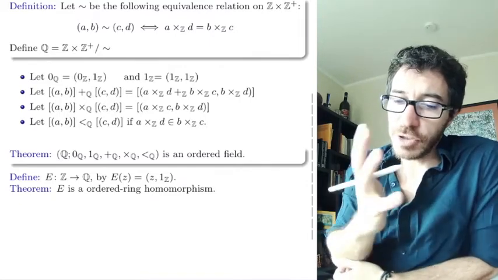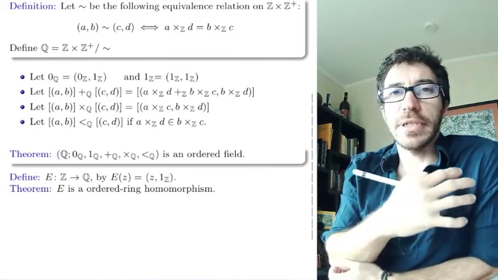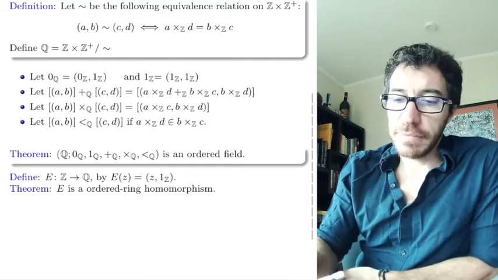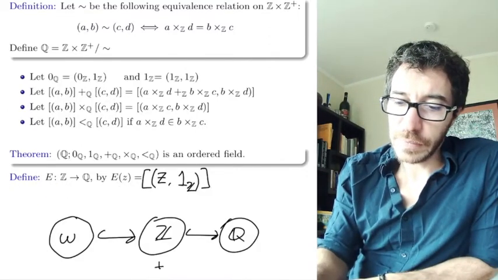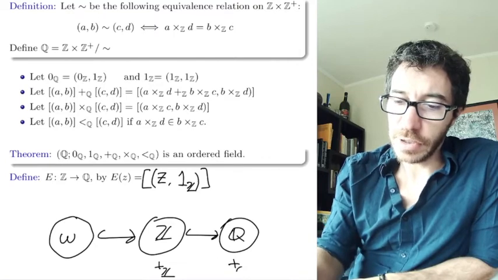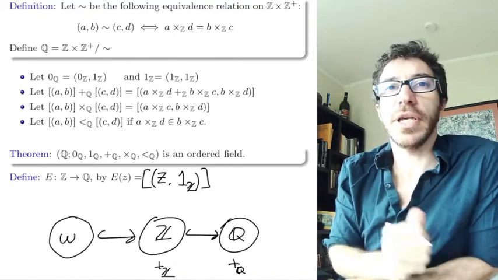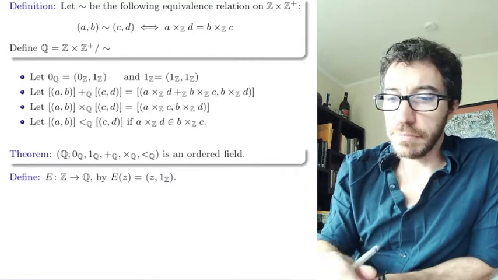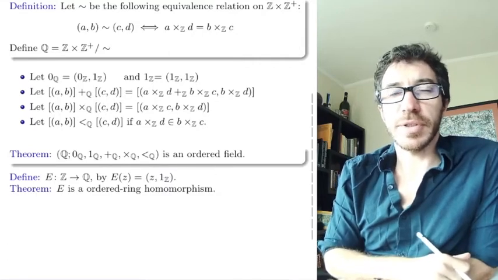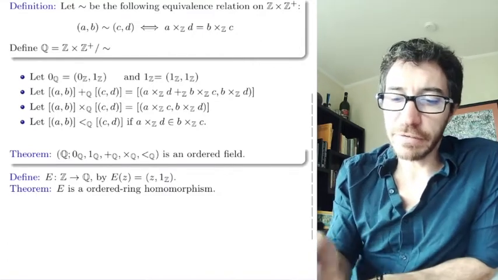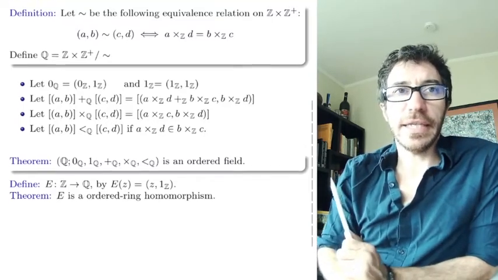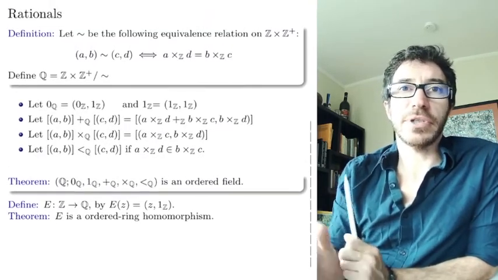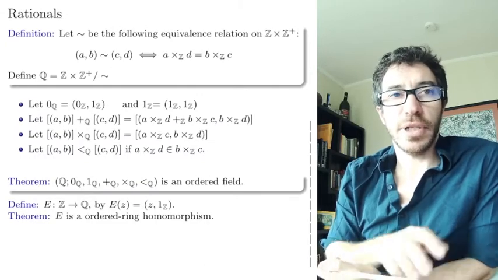So addition is preserved, multiplication is preserved, order is preserved. If you add two things here, or add the two images there, you should get the same thing. That's what it means to be a homomorphism. And once you have this, you can safely say that the integers are essentially a substructure of the rationals that we just defined.